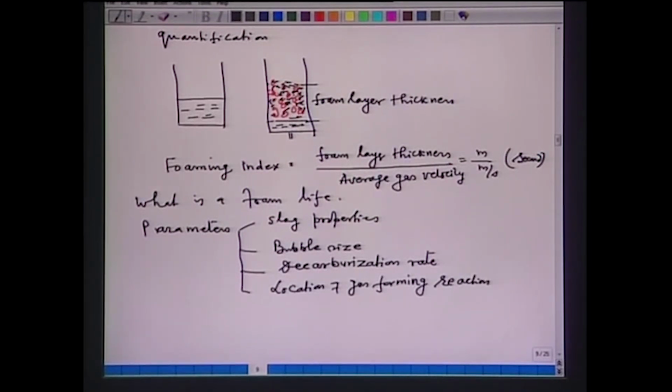In fact, bubble size and location of gas forming reaction are a little bit interrelated. That is, if the location of the gas forming reaction is at the slag metal interface, or at the gas metal interface, as I explained, a lower decarburization rate and higher decarburization rate, more amount of carbon monoxide will be evolved, and if the slag is not sufficiently viscous, then it will not allow CO to escape through the slag layer. Now, about the slag properties, I will summarize some of the slag properties.